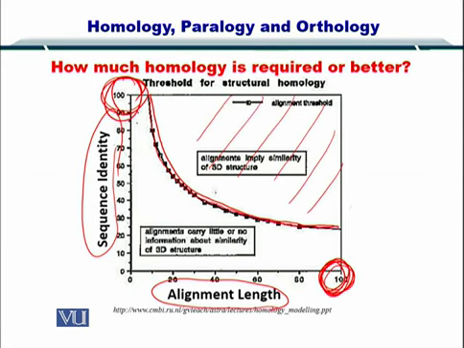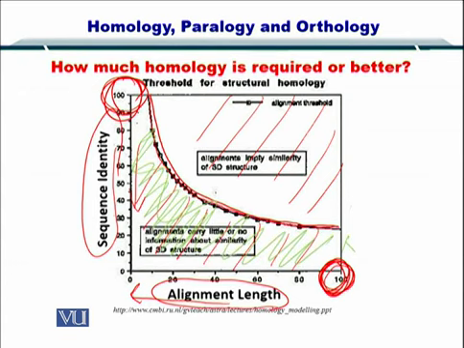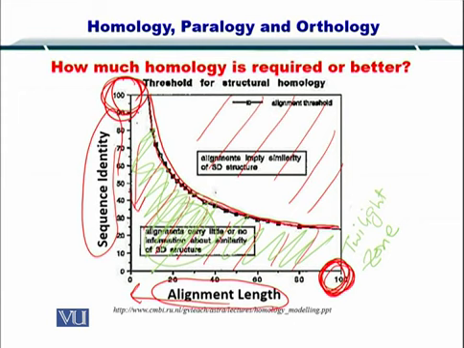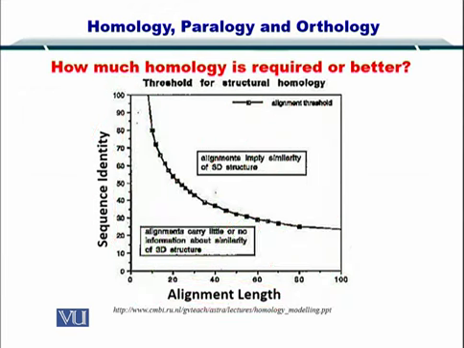But if the alignment length is small and the sequence identity is also small, you may end up in this region. So this region here is called the twilight zone. So if your alignment length and your sequence identity are somewhere here, then you are not going to be able to use homology modeling to predict the structure of the proteins.